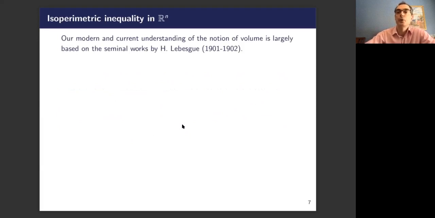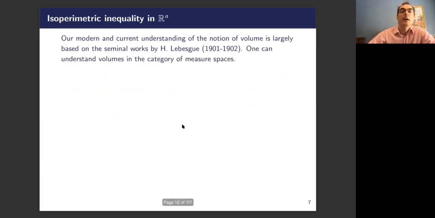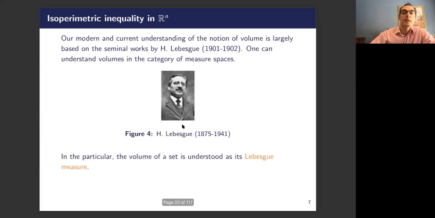So the notion of volume was formalized relatively quickly and is based on seminal work by Henri Lebesgue in 1901 and 1902. More generally, one can understand volumes in the category of measure spaces. So in particular, the volume of a set in R^n is understood as its Lebesgue measure.